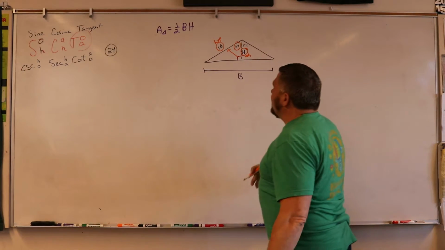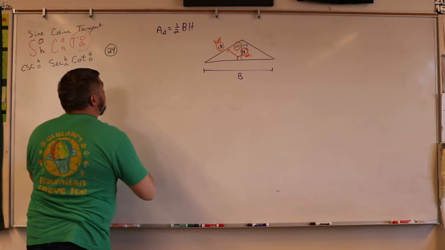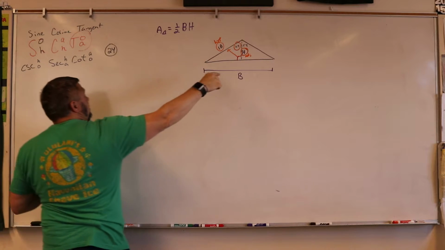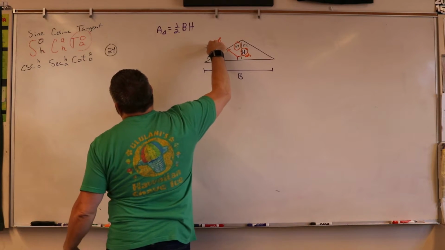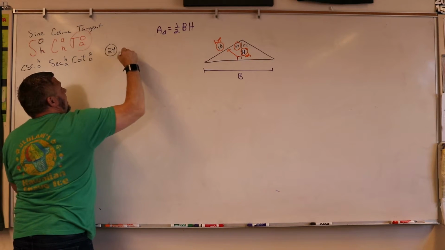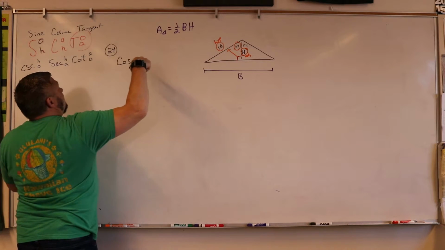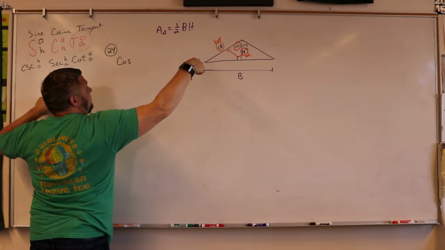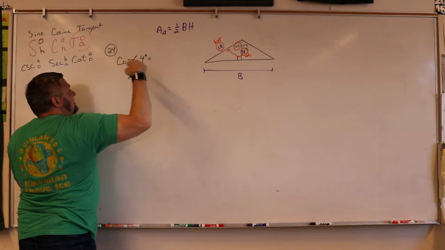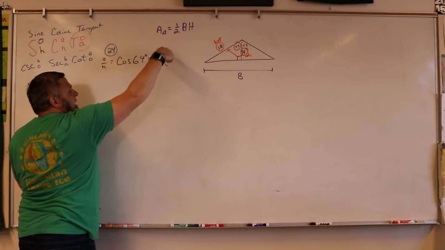Okay? So now we're going to list it. What are we using? We're using A and H. So which one uses A and H? Cosine. So that means that the cosine of 64 degrees is equal to A over H. So what's A?